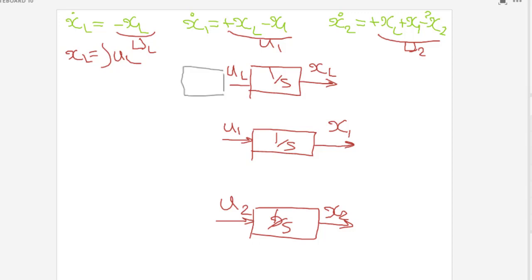Okay, what is uL? uL is minus xL. What about u1? u1 is xL minus x1.